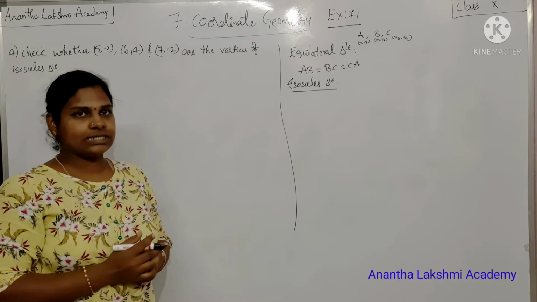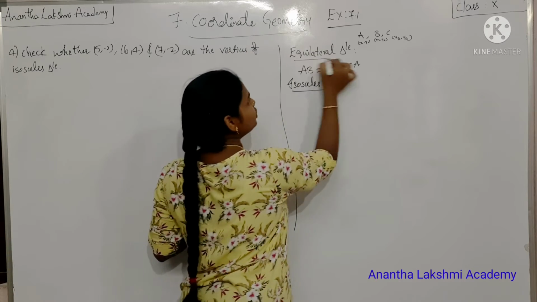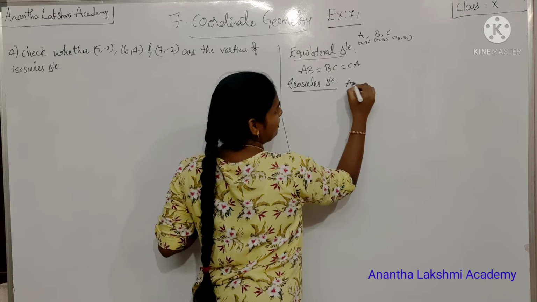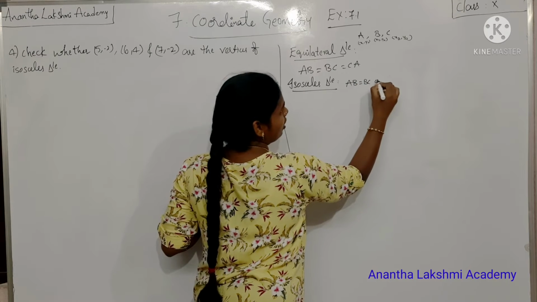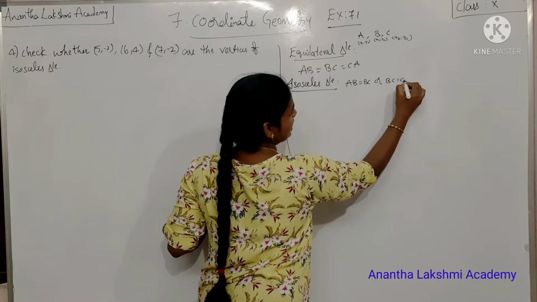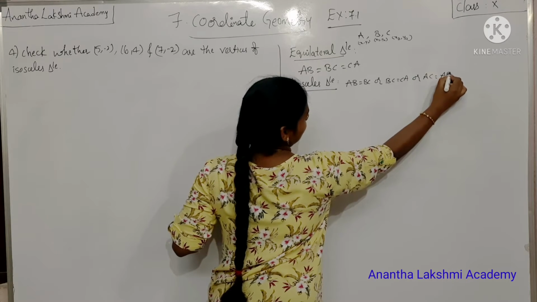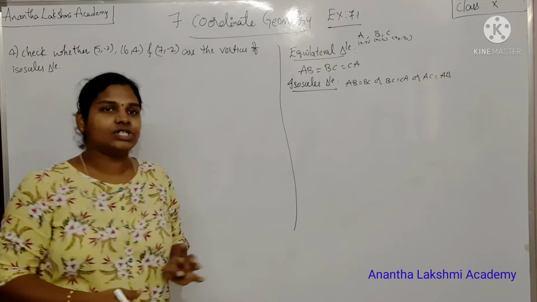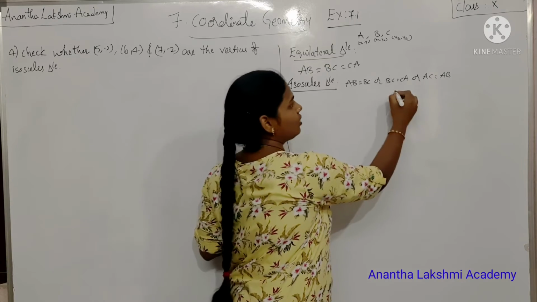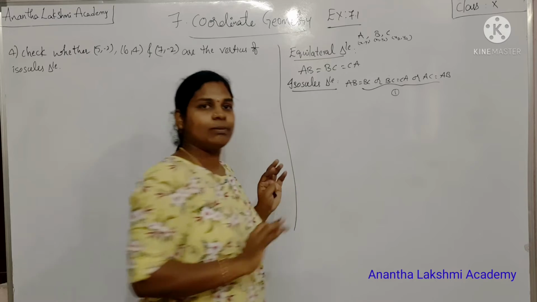Now, when it comes to the next type of triangle, the isosceles triangle. In case of an isosceles triangle, any two sides should be equal. AB equal to BC, or BC equal to CA, or AC equal to AB. Any one of the conditions should be met.